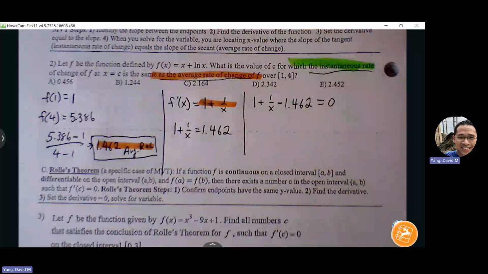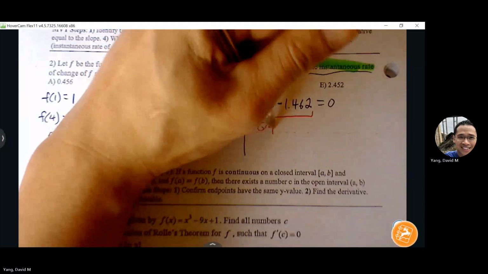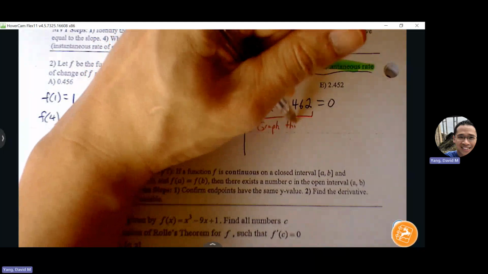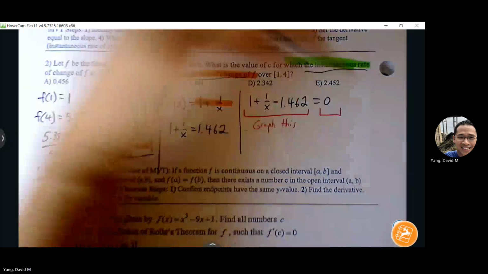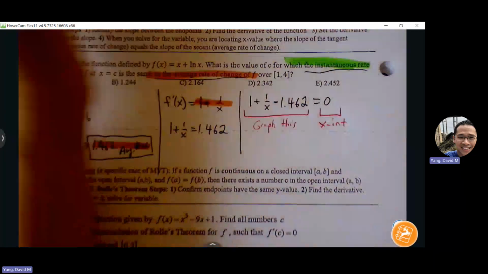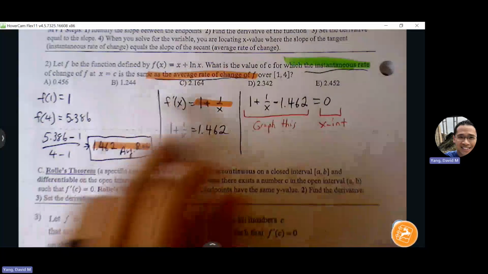And now the strategy here is if we use our calculator, we can graph this function and then look for the what? X-intercept, yeah. Wherever the graph crosses the x-axis, that's going to be the solution or the location that we're looking for, the decimal x value that we're looking for.